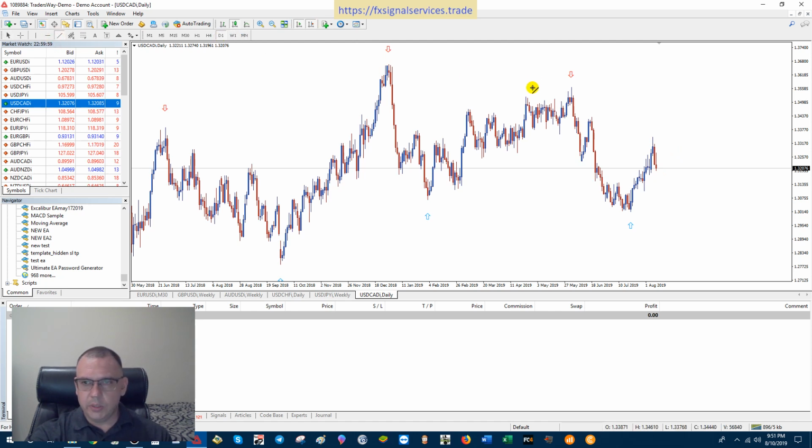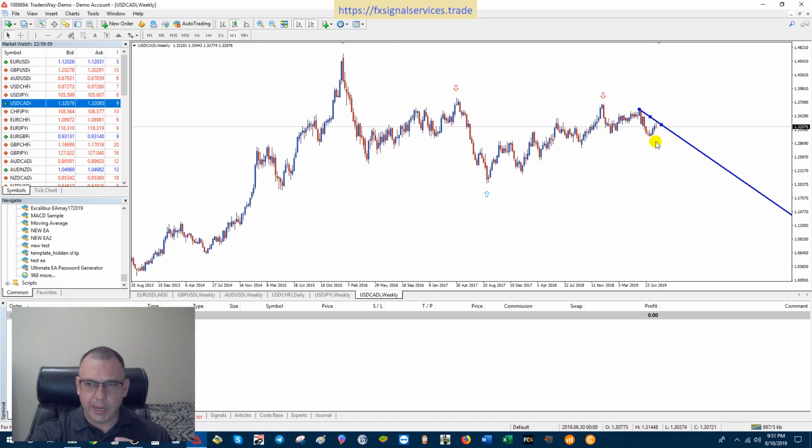And what we can do is you could draw a trend line right here, okay? What might happen with this is it's going to drop in the beginning of the week and then retrace back up and come back up towards this trend line again, okay? That's what I think will happen.